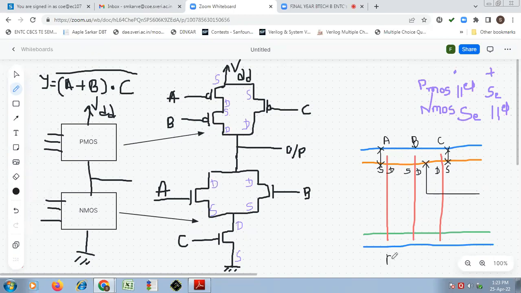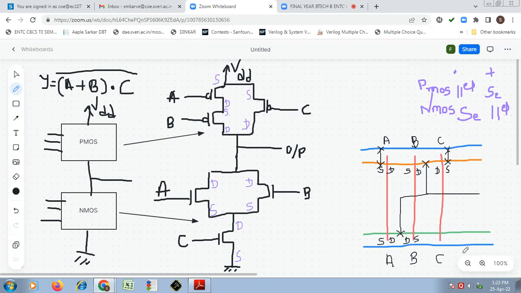Now again coming back to NMOS now. Pull down network. This is A, B, and C. Now here in this case, the drain of A and B, right? This part, drain of A and B. So we will consider this is a drain of A, this is a drain of B. But obviously it is source of A and it is source of B. So we will connect this output to this drain.